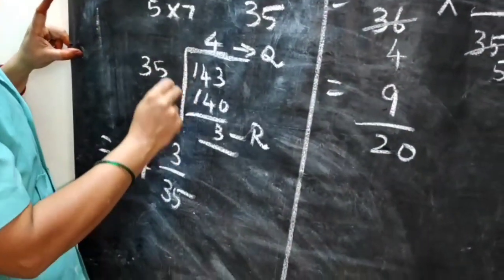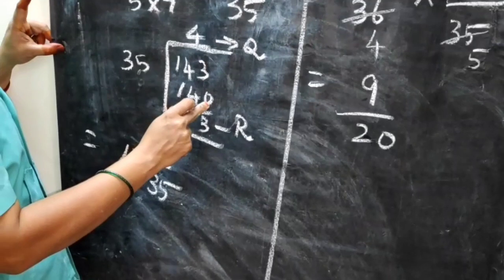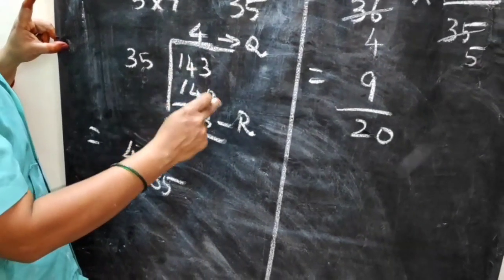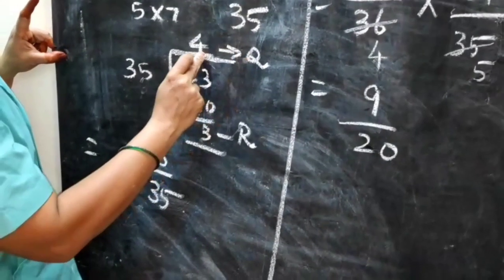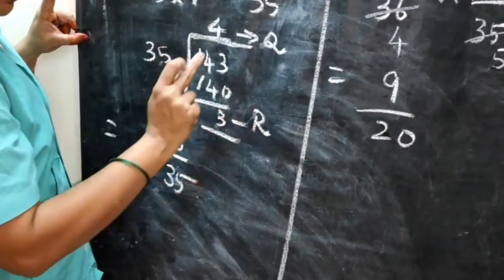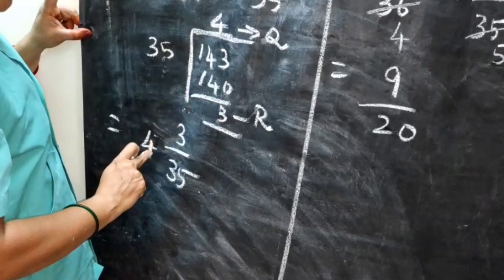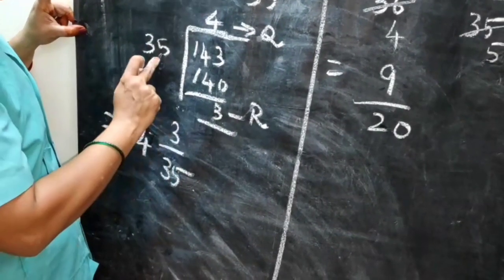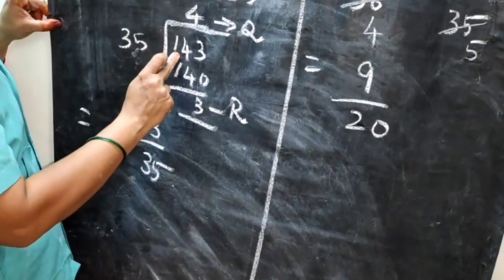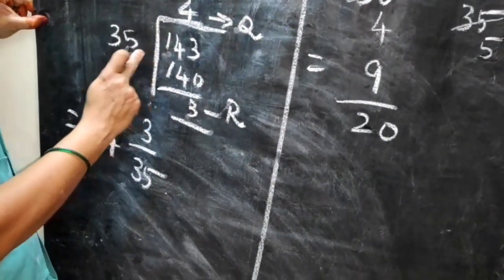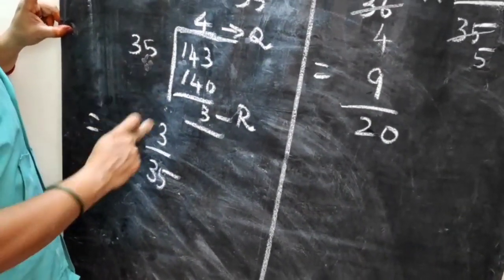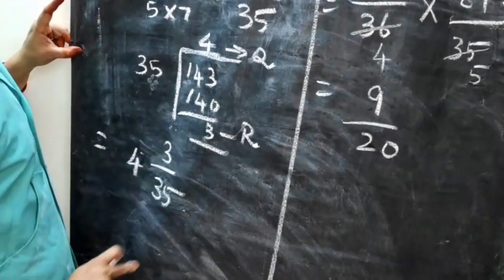How many times is it possible? 4 35s are 140. 143 minus 140 is 3. So 4 is the quotient and 3 is the remainder. First write the quotient, 4, then the remainder over the divisor. So 4 3 by 35.